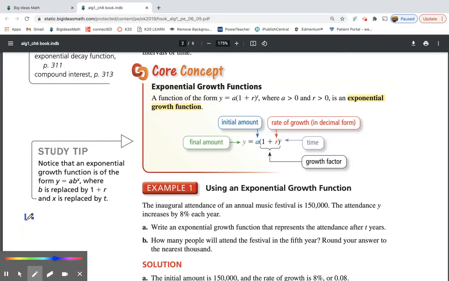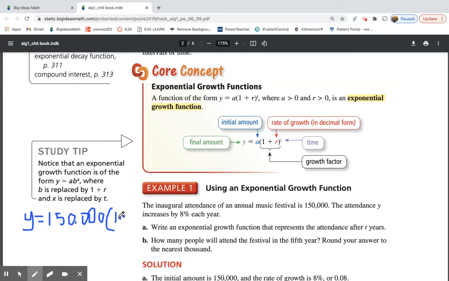So we're going to have y equals, because that's what we're solving for, 150,000, because that's that initial amount that we have. Then we have times 1 plus, and our r becomes 8%.